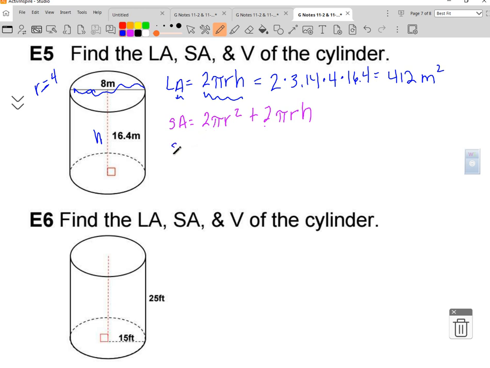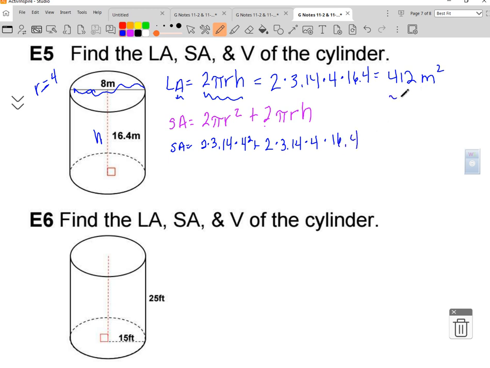So the surface area equals 2 times, we're going to use 3.14 for pi, times the radius squared, so the radius is 4, plus 2 times pi, which we're using 3.14, times the radius of 4, times the height of 16.4.